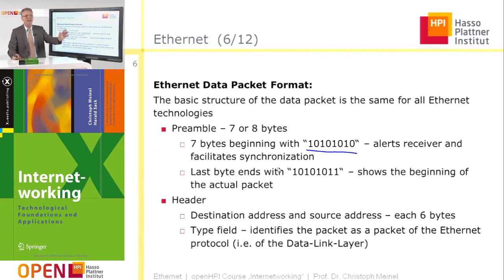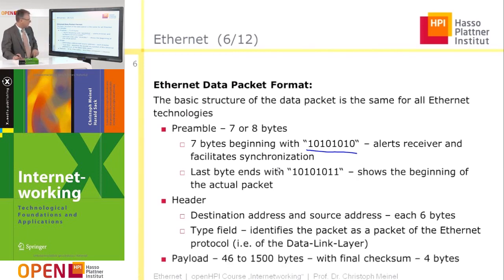The type field in the Ethernet header identifies the packet as a packet of the Ethernet protocol, as a packet of the data link layer, and then the payload of the packet is transported, and in the Ethernet data packet, the payload may vary between 46 and 1,500 bytes. And then it is finished with a final checksum, and the checksum is 4 bytes long. So this is, in principle, the format of an Ethernet packet.